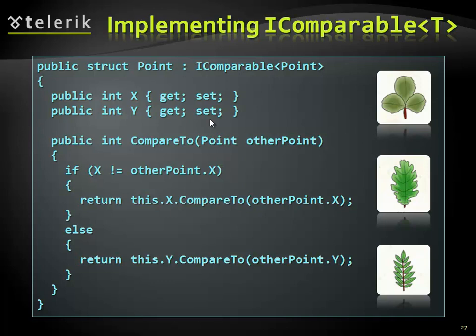Yes? Sorry, one question. Compare to, does it have to return always -1, 0, and 1? Or it can return other... That's why I said you should use this. Because you don't need to ask yourself that question. Because this complies to the standards.